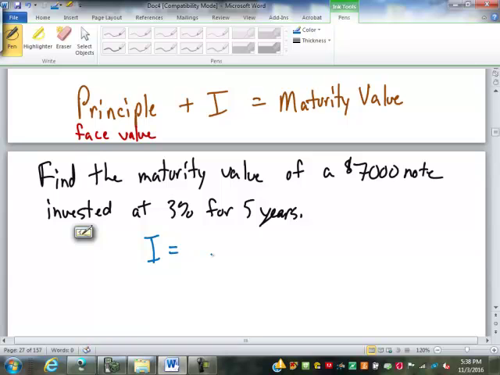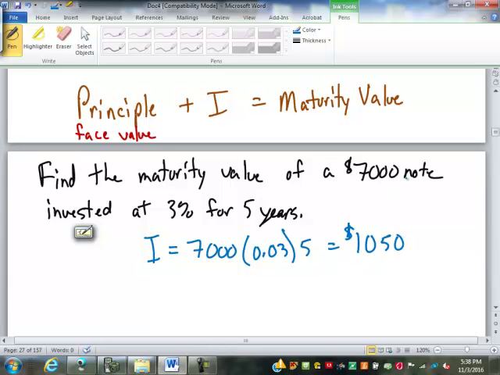I is going to equal what? 7,000 is our principal, times 0.03, yep, and times 5 years. So that's going to be $1,050.